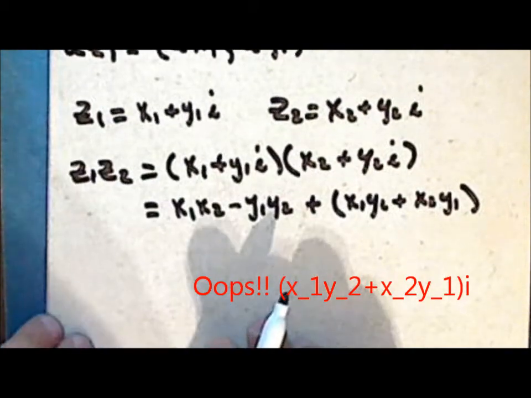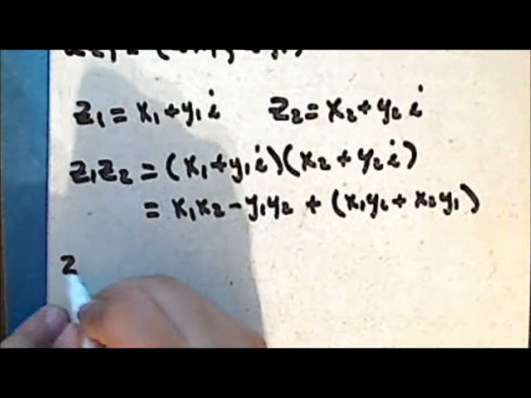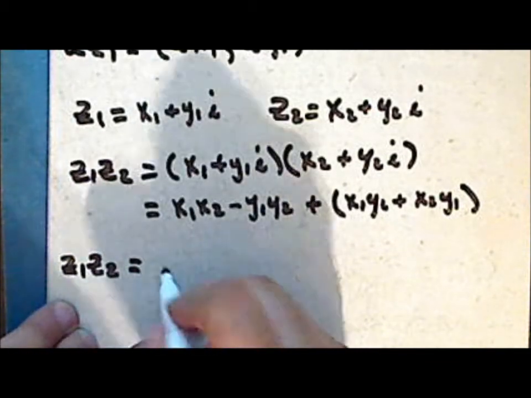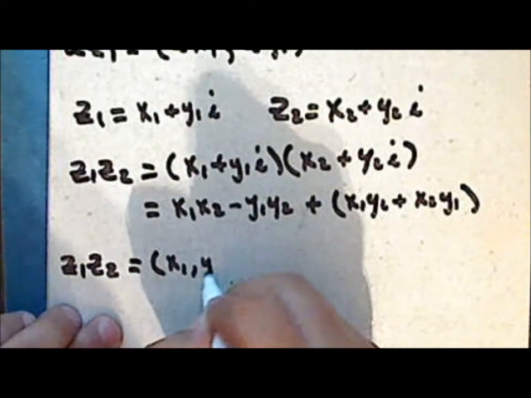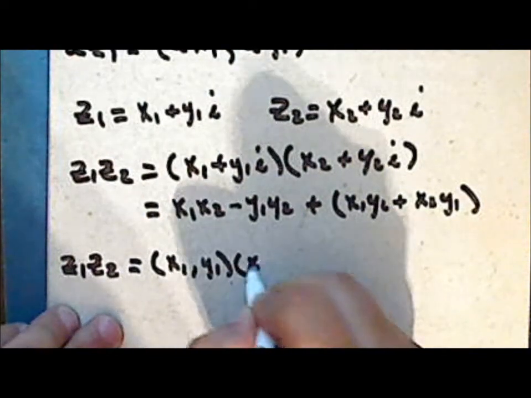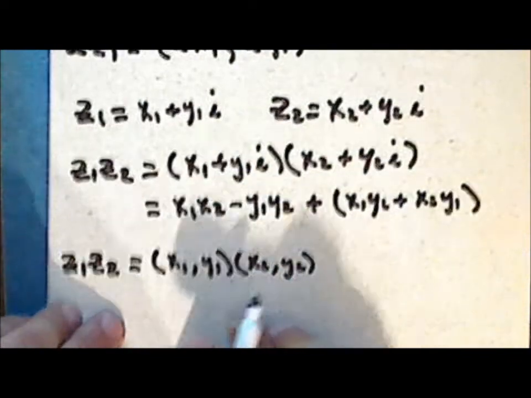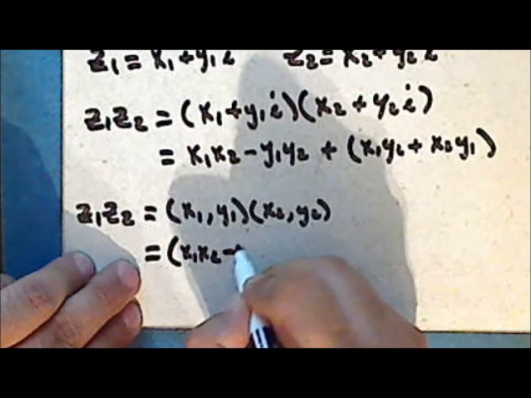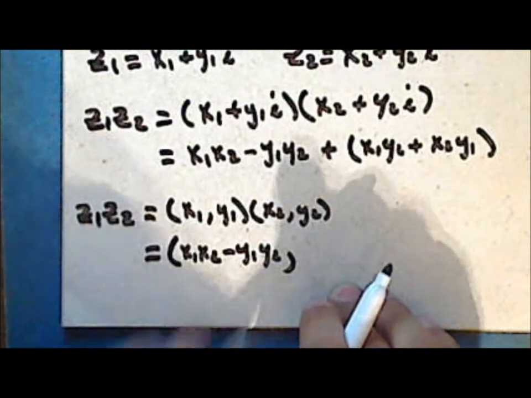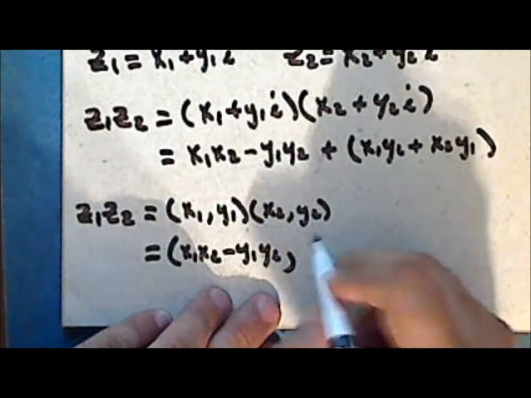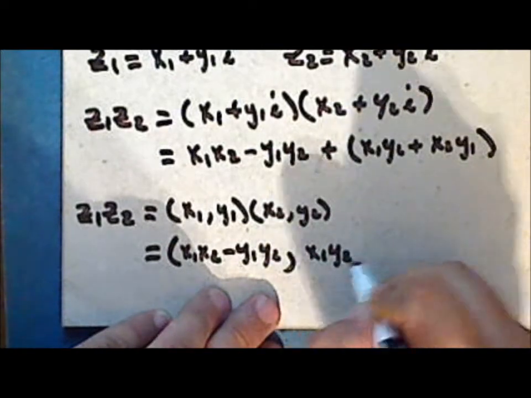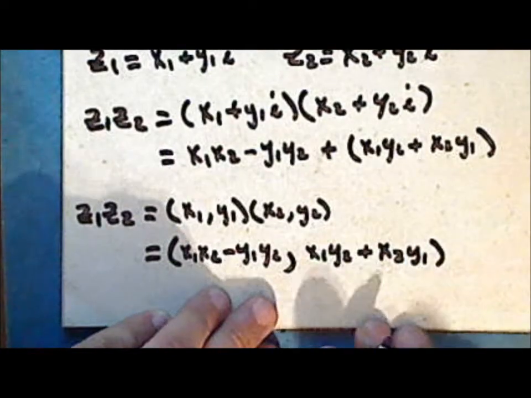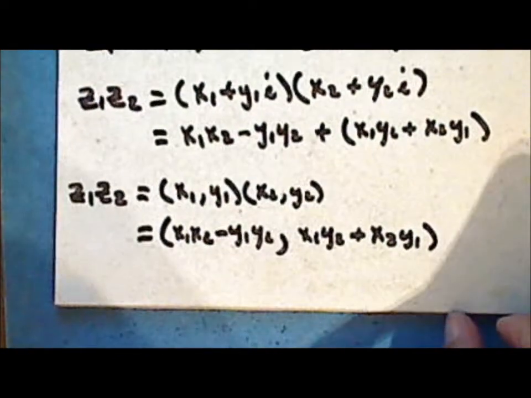And so in the language of vectors, the complex number which is the product of two complex numbers, x1, y1 times x2, y2, gives us the ordered pair whose first component is x1 x2 minus y1 y2, and the second component is x1 times y2 plus x2 times y1. Okay?